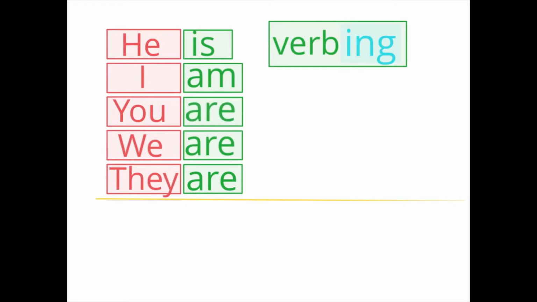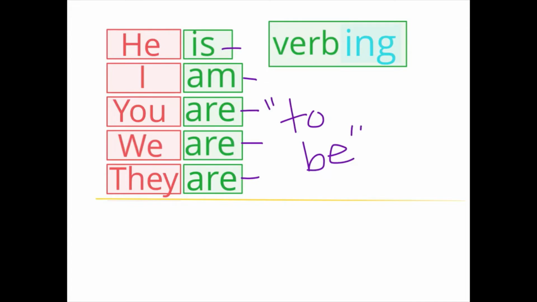All of these verbs, is, am, are, and are, these are all the same verb. We call this verb the verb to be. And we change it depending on who the subject is.